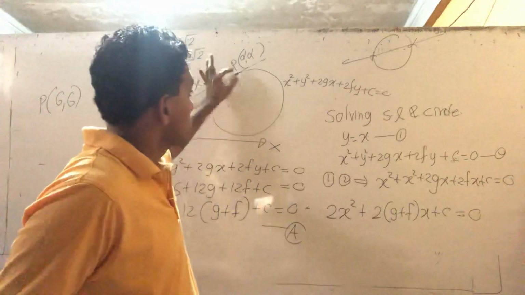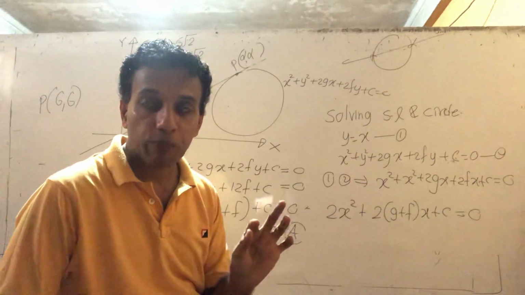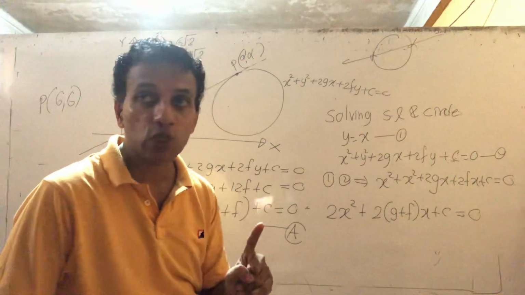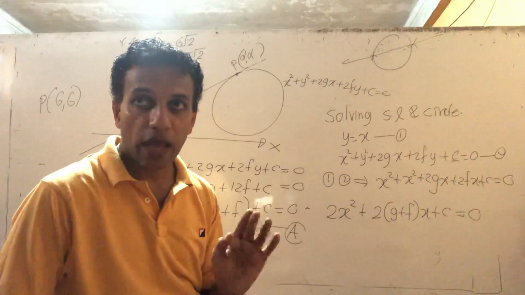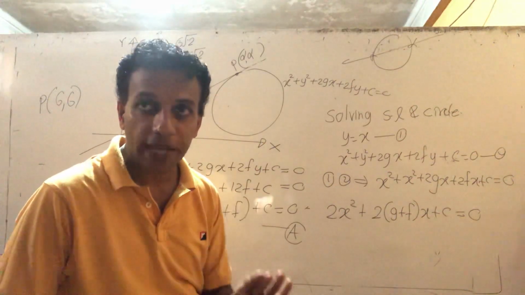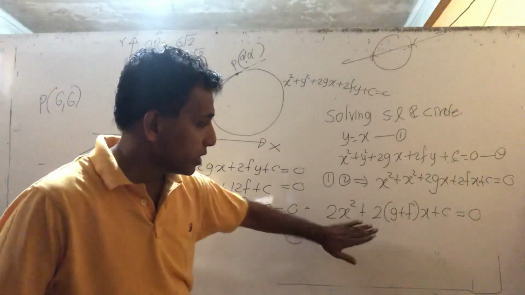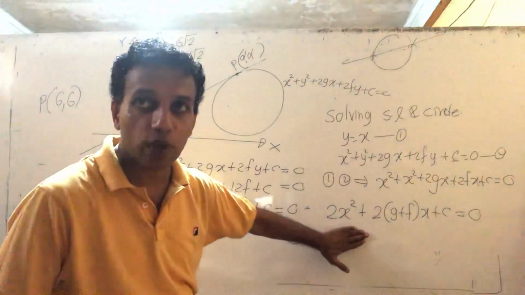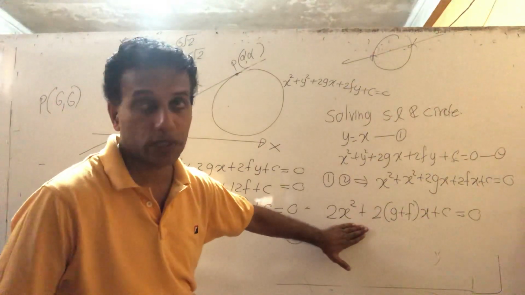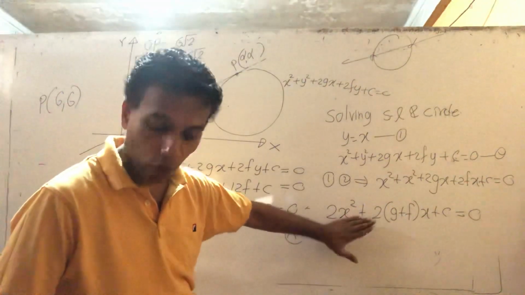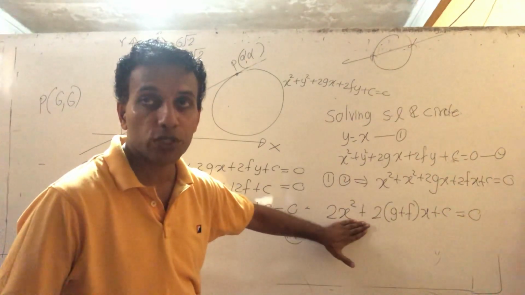Therefore the contact point has only one solution, only one x coordinate. Therefore the above quadratic equation has equal roots.